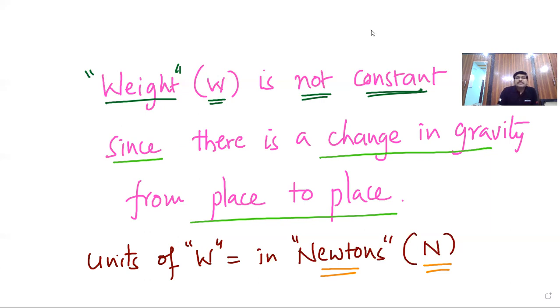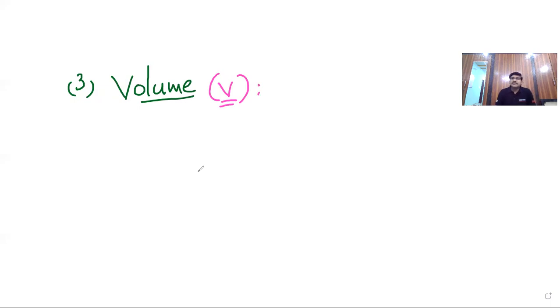Let's take up the third property, volume. V is the letter notation. What is the volume? Volume is nothing but the space occupied by a particular substance.